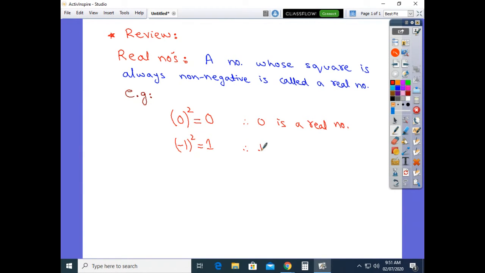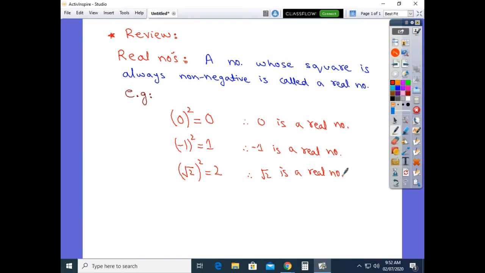Therefore, -1 is a real number. Similarly, if I take a square of square root 2, it becomes 2. Therefore, square root 2 is a real number. Similarly, there are so many examples. If we take a square of the number, then the answer is always non-negative, these are the real numbers.